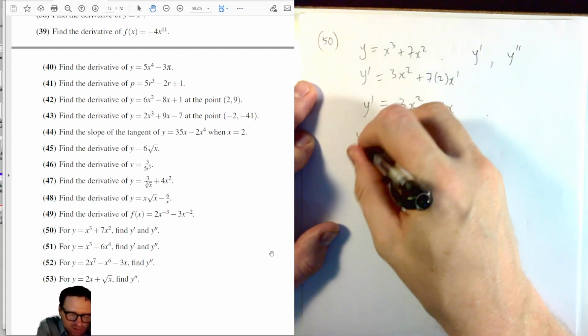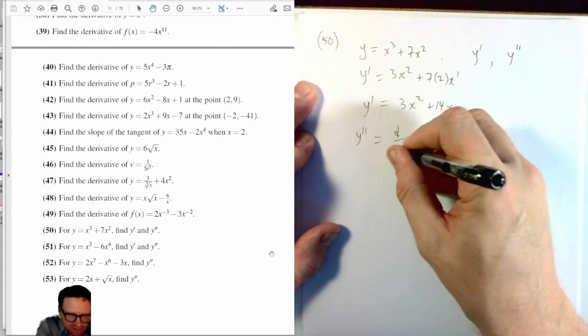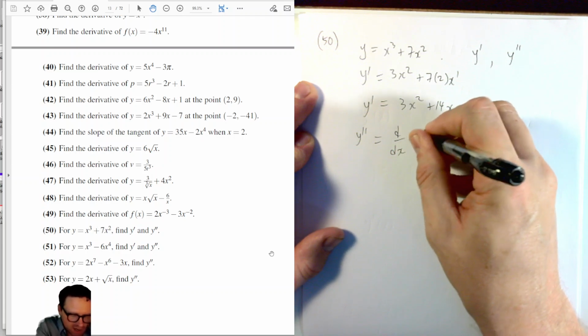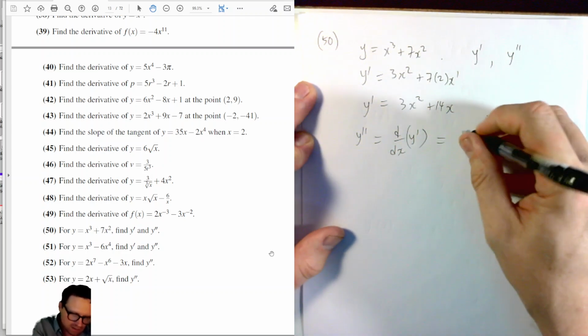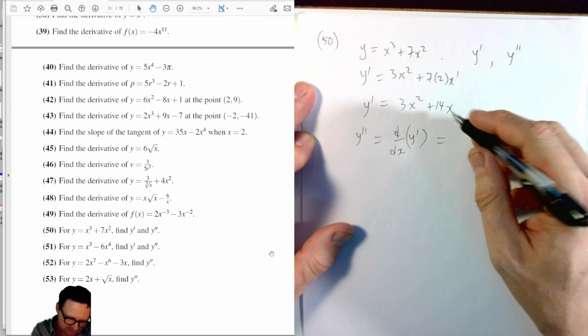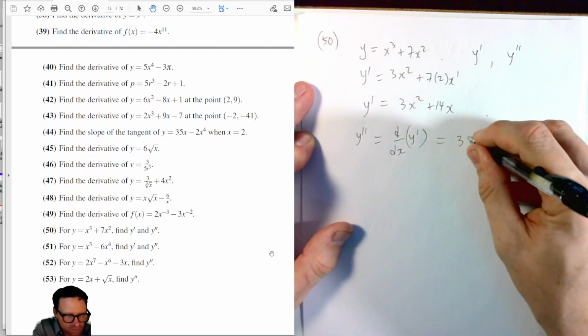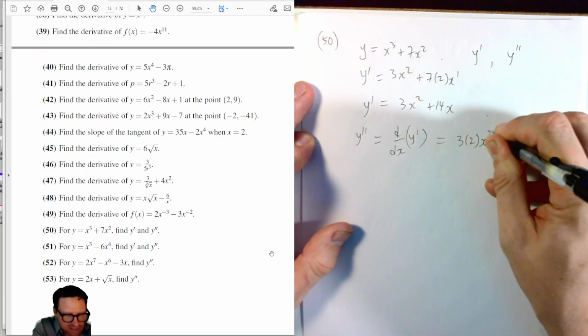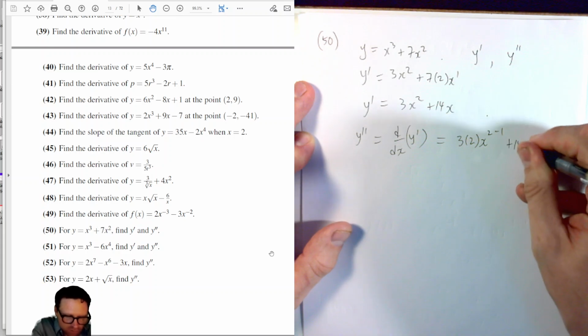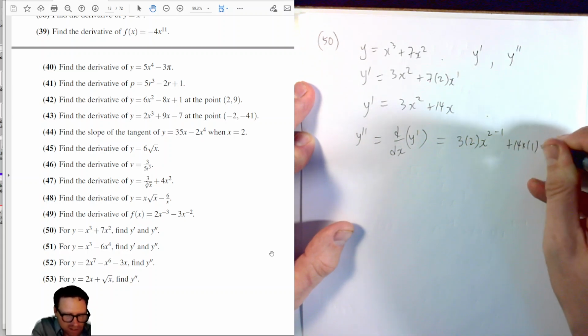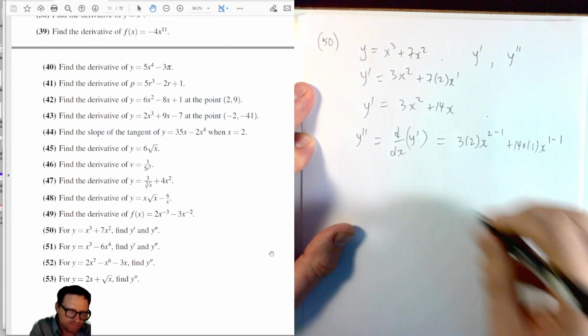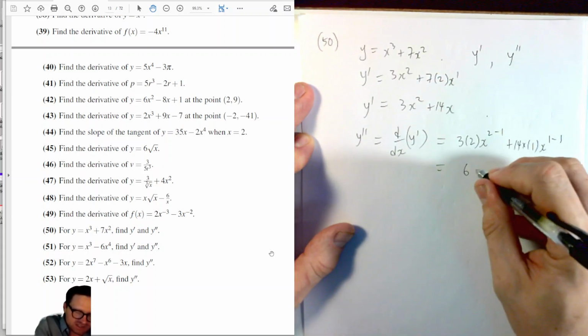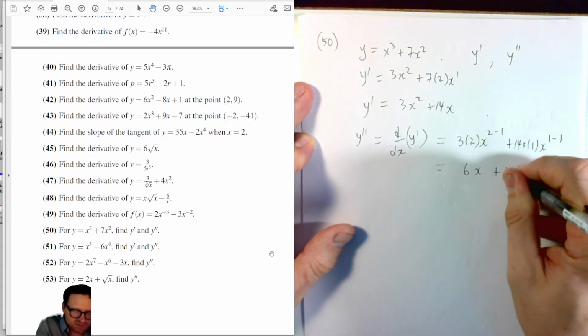Now y double dash is the derivative with respect to x of y dash. And so differentiating this again, we've got 3 times 2 x to the power of 2 minus 1 plus 14 times 1 x to the power of 1 minus 1. And so we just have 6x plus 14.